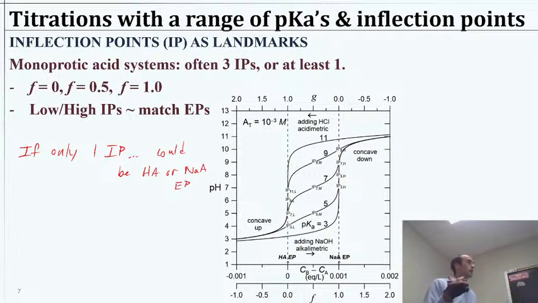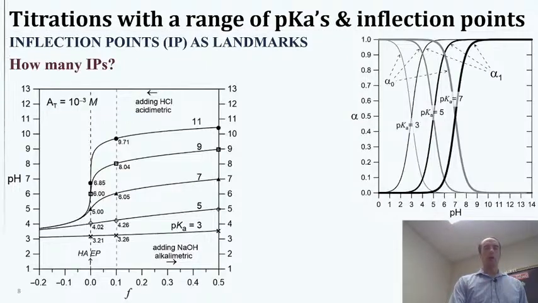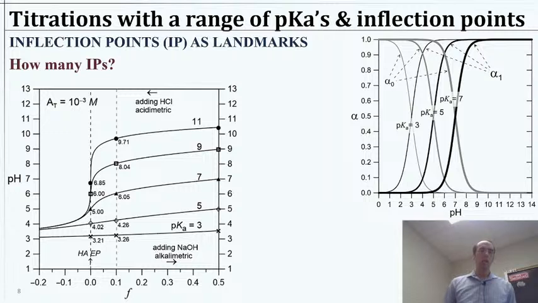We can then perhaps do some clever math or simplifications to say, oh, okay, here's our equivalence point, given that I know how this thing is curving. So they are kind of landmarks in that sense, and these shapes are coming largely from the alpha fraction.